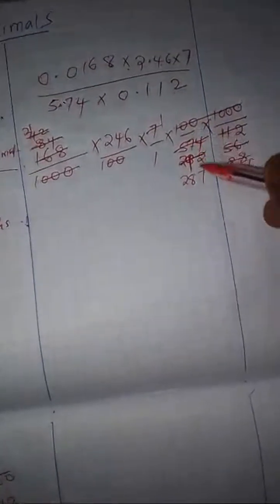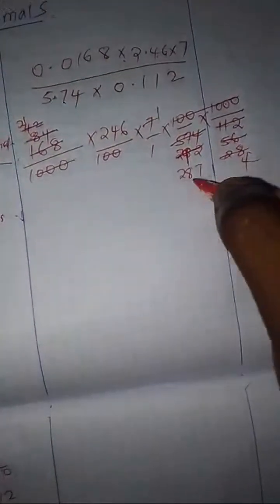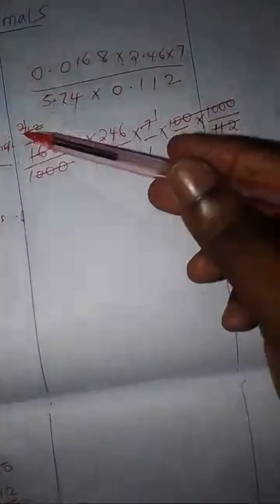Yes, now we got it. It is now 287. So here we have 21, we have 287.